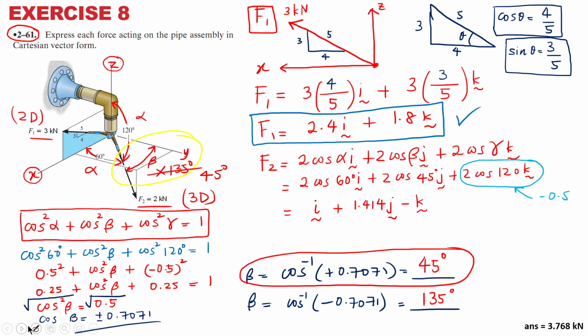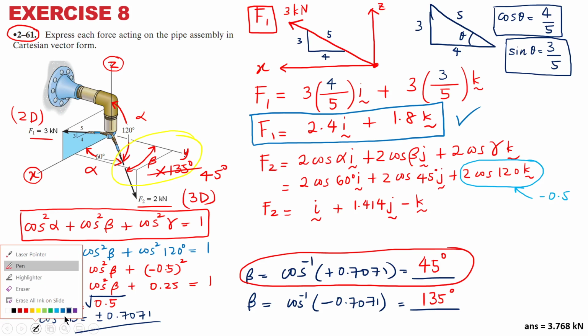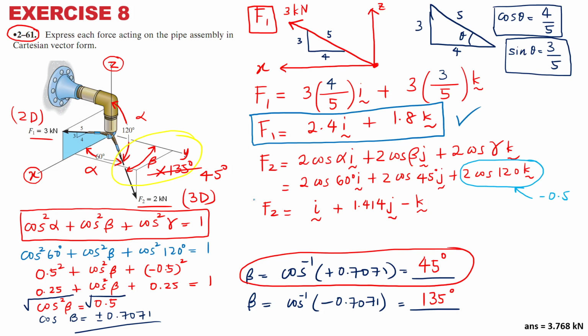So this is your F2. And you know that F2 is very important, so you have to rectangle the important things.